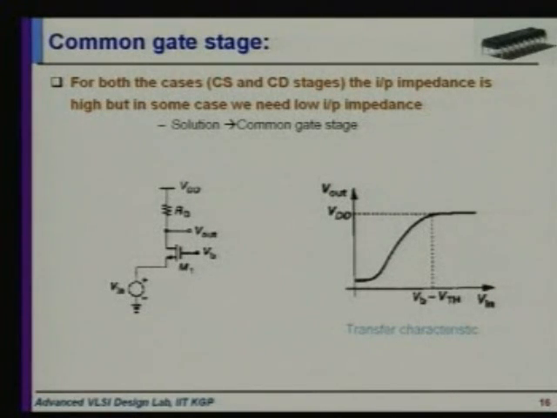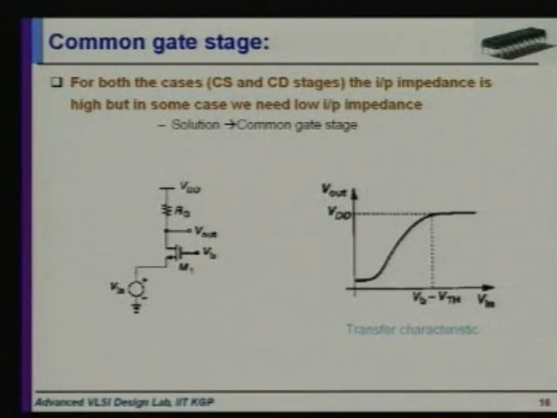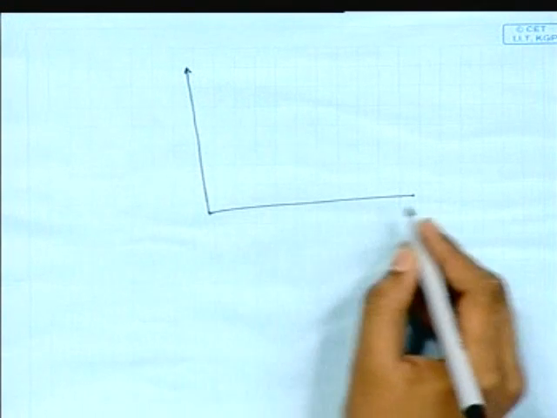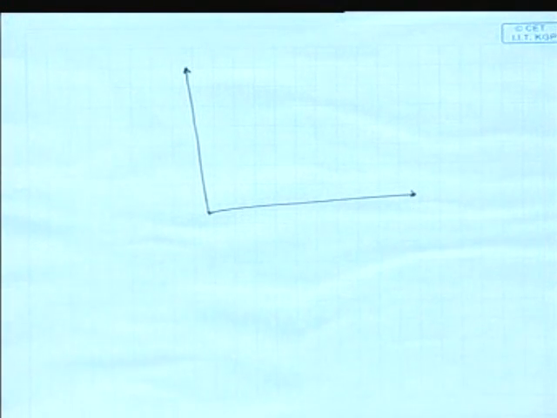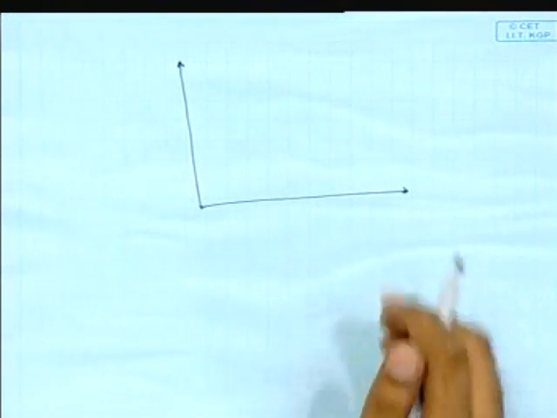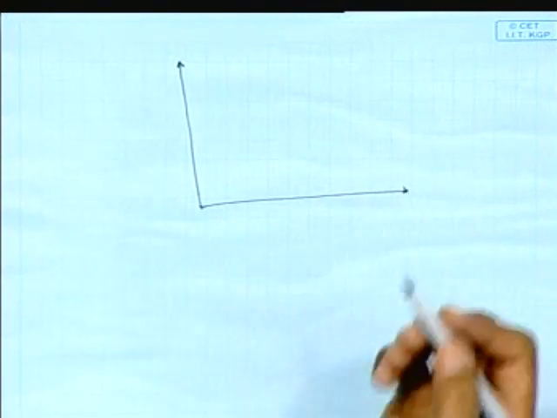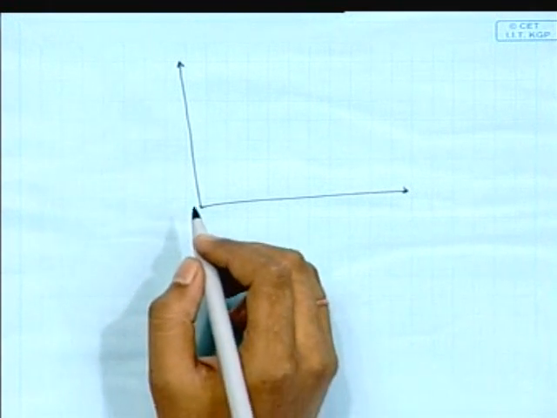Okay, and see how this type of transfer characteristic comes. In the common source stage, we increased the input from 0 to VDD. In this case, to make it easily understandable, we decrease the input voltage from VDD to ground.